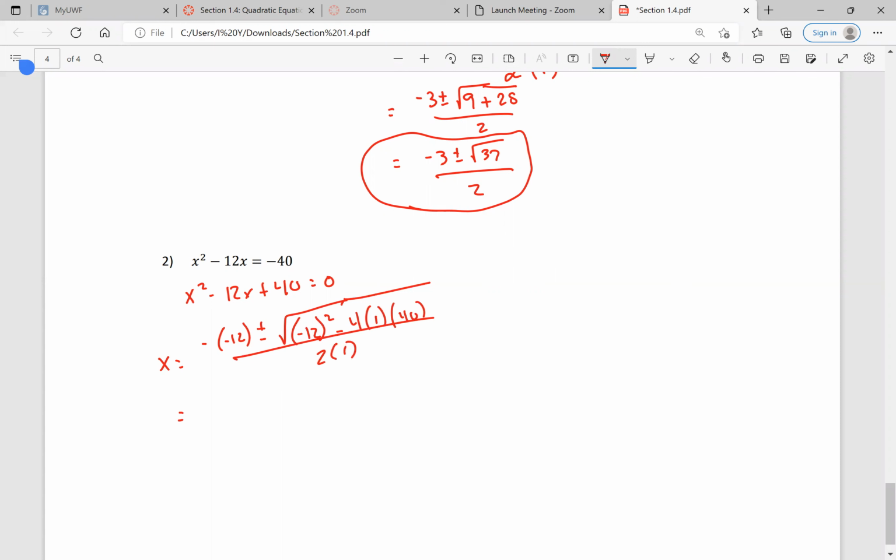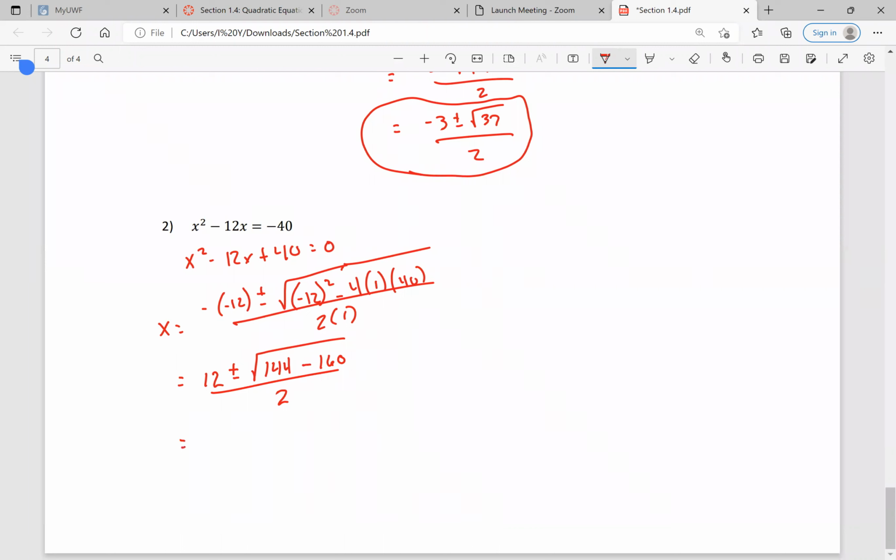So I'm looking at 12 plus or minus the square root of negative 12 squared, which is 144, minus 4 times 1, which is minus 4, times 40, which is negative 160, all over 2 times 1, which is 2.